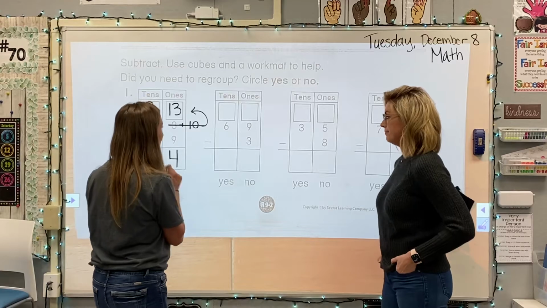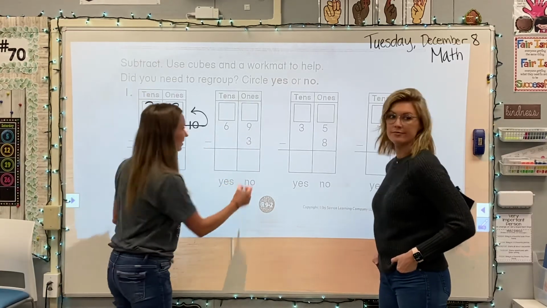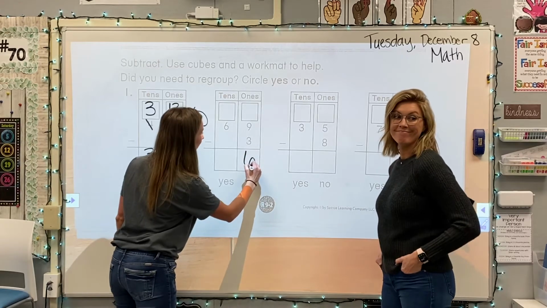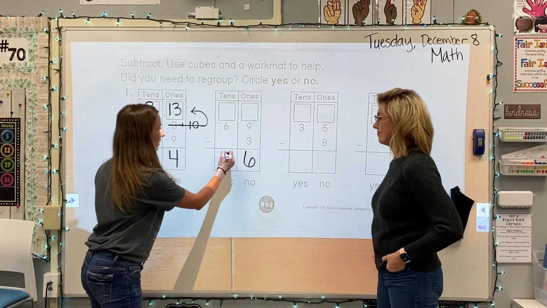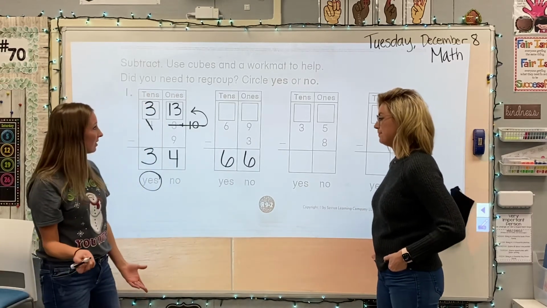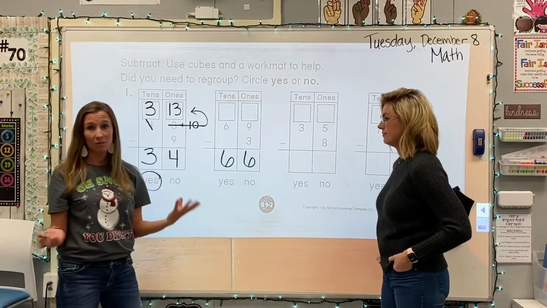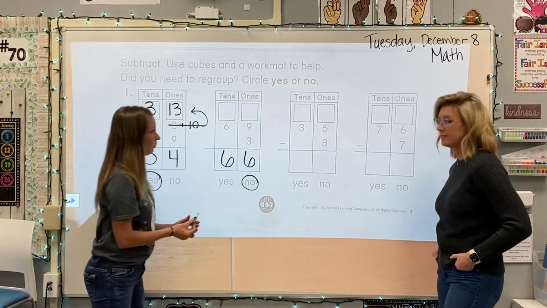Okay. Well, I know that 9 minus 3, I have that fact memorized from Reflex, is 6. And I know that 6 minus nothing is 6. So my final answer is 66. I didn't use the attic, so I know that I did not regroup.